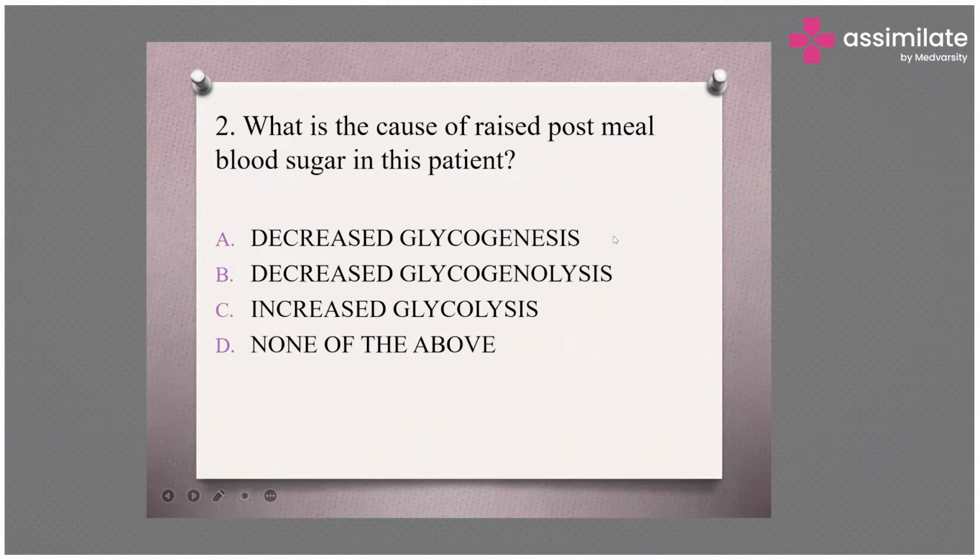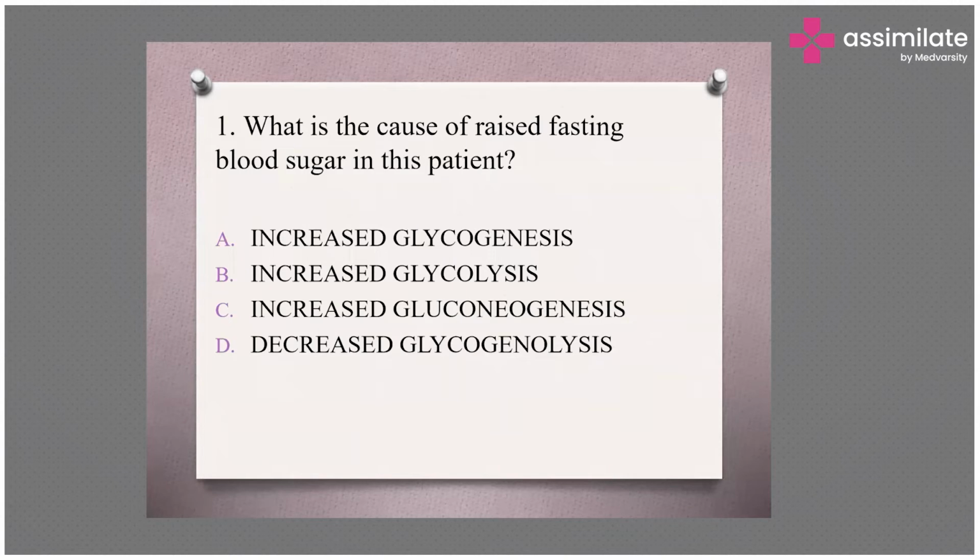Any more answers? Dr. Vikas has option B. Dr. Aisha has also mentioned option B. So the maximum answer is increased glycolysis. And there are a few who have decided to go for option C, that is increased gluconeogenesis.